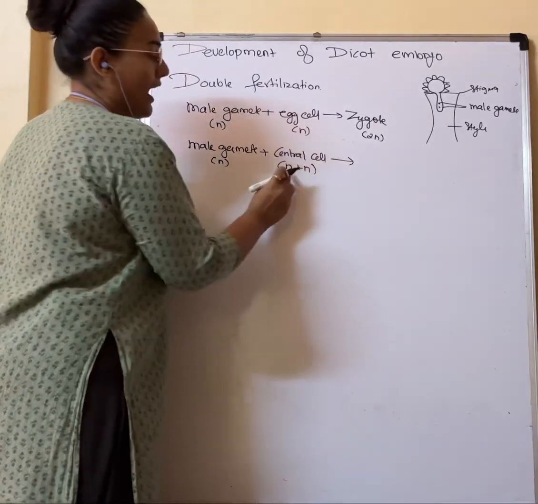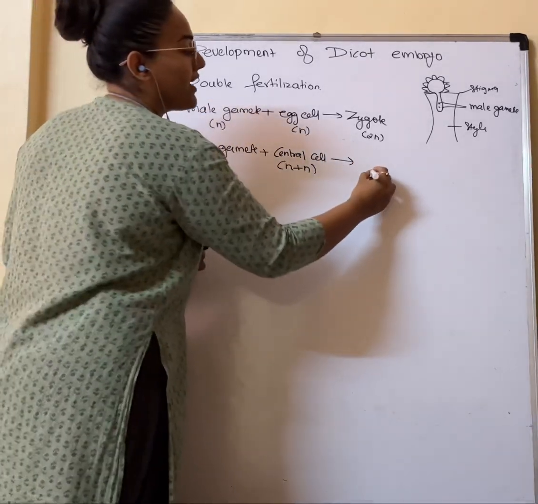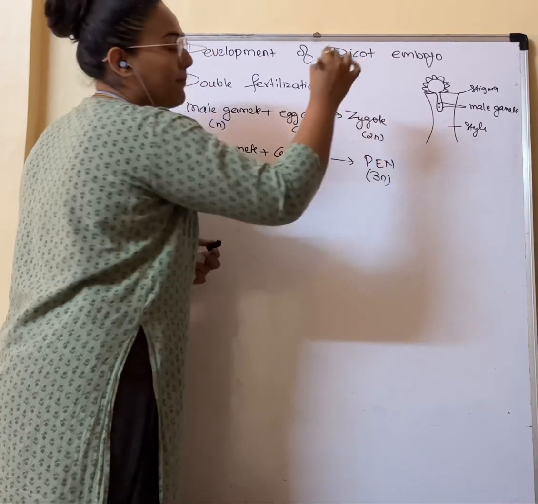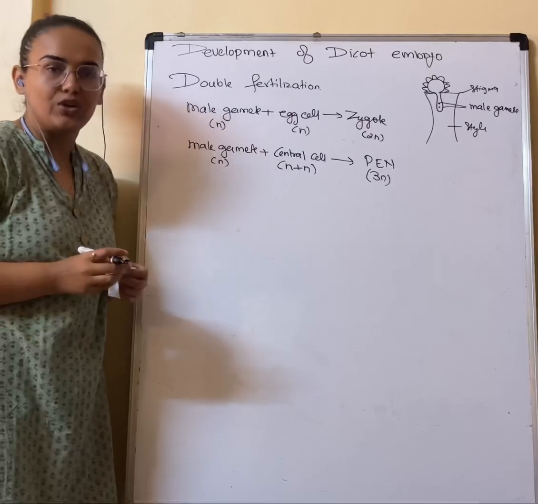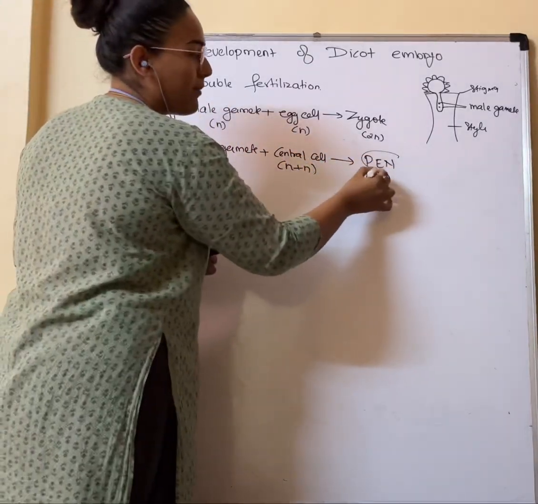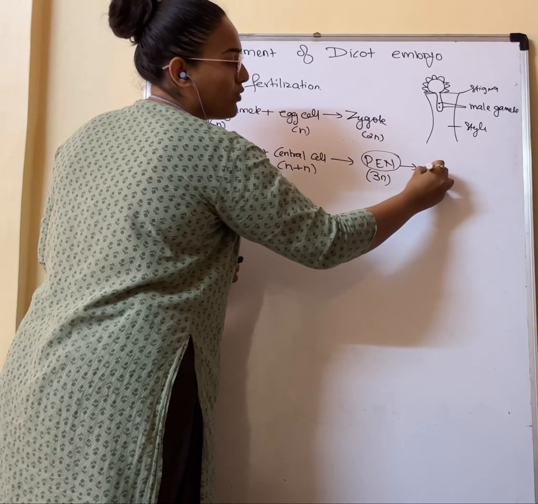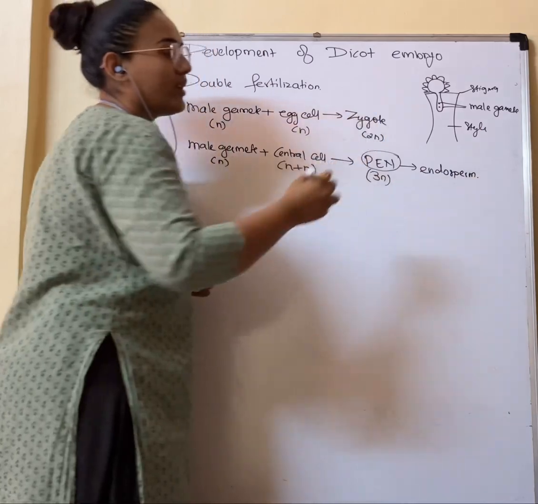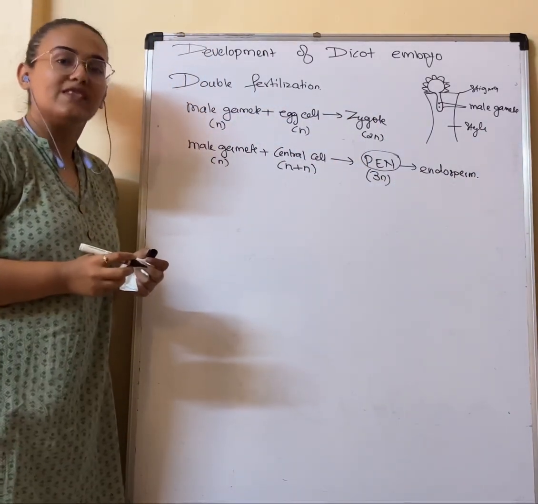Now n plus n plus n gives rise to a triploid condition, called the primary endospermic nucleus, which will develop into the endosperm.